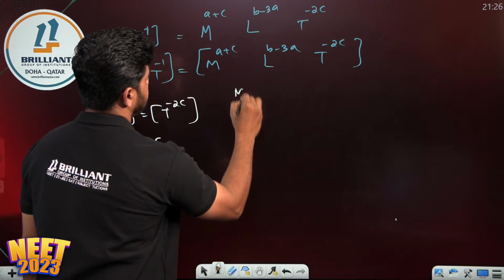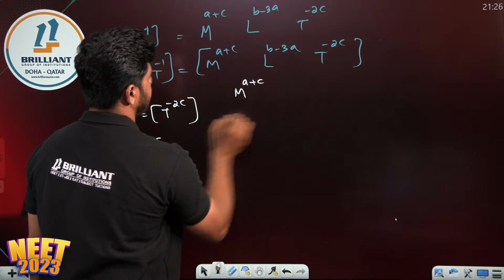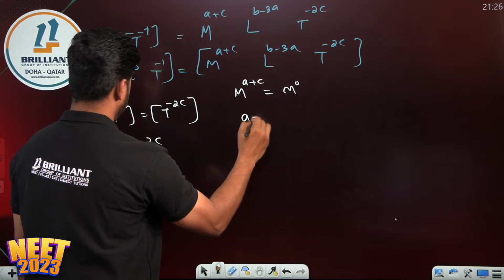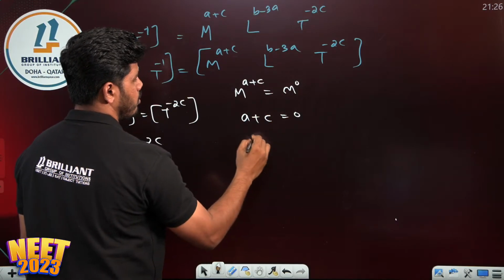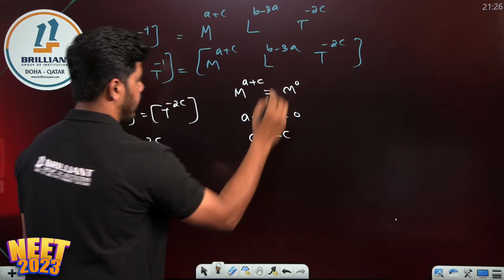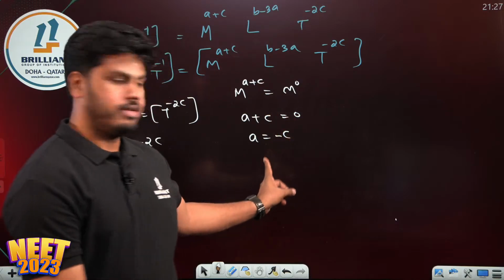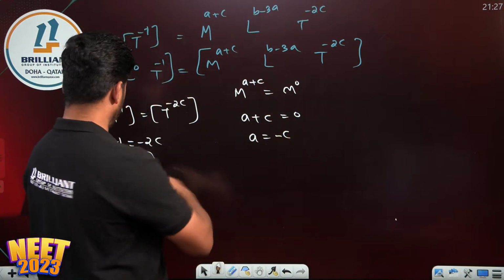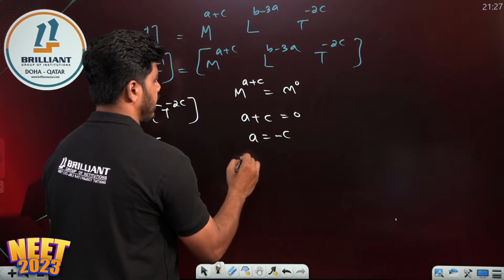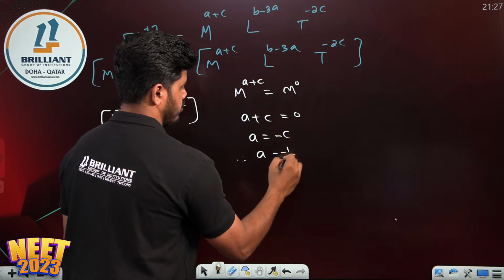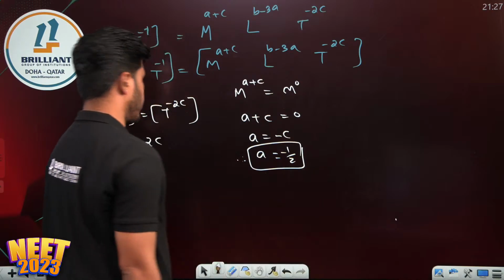We have m raised to a plus c, and on LHS we have m raised to 0. So a plus c is equal to 0, or a is equal to minus c. The value of c we know, so therefore a is going to be minus 1 by 2.